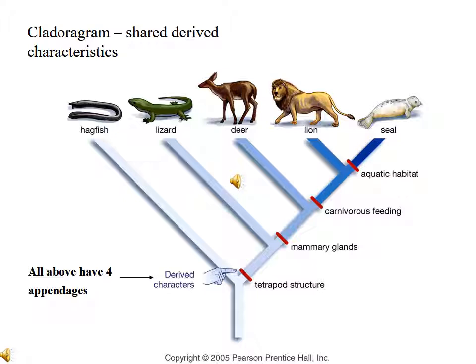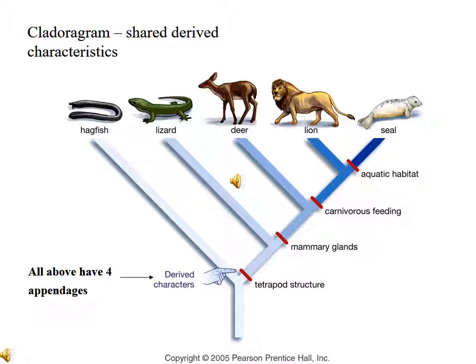Okay, the cladogram is another way of illustrating relationships by looking at shared derived characteristics. If we look at organisms like the lizard, the deer, the lion, and the seal, we can see that at one point all have 4 legs. As we move past the lizard, we see another break that tells us that above the lizard, all the organisms have mammary glands.